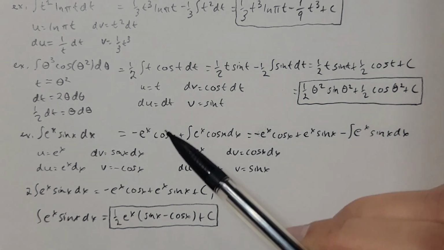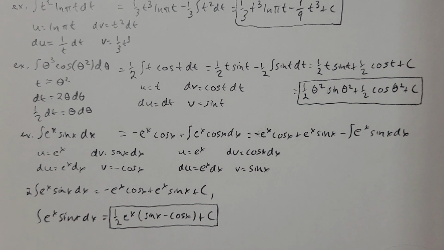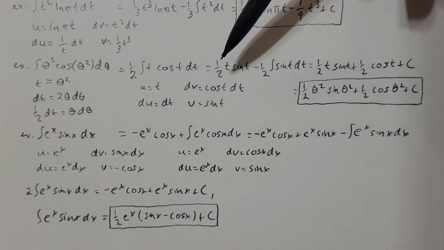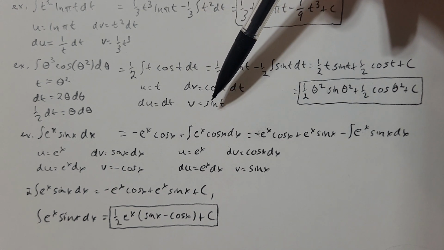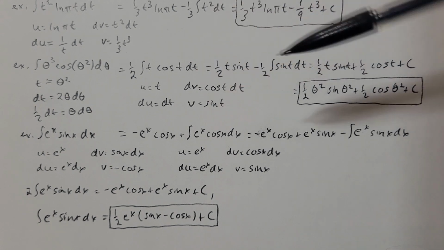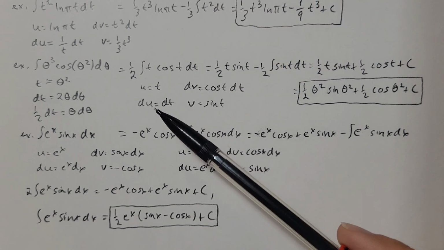So if I let u be t and dv be cosine t dt, then u times v is t times sine t, and the 1/2 is in front of the integral, right? So I've got 1/2 times t times sine t minus 1/2 times the integral for v du.